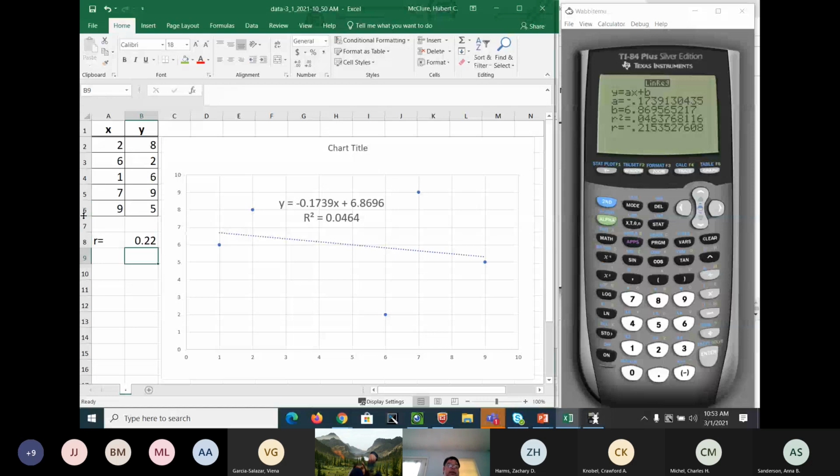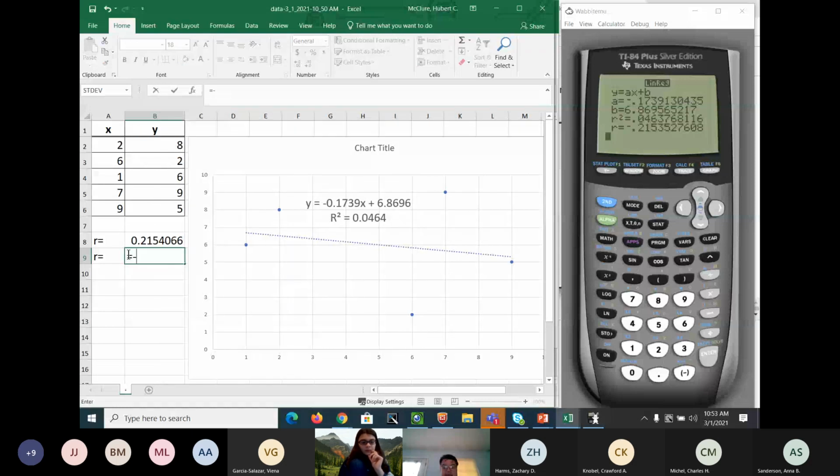And why am I going to put a negative on it? Because slope is negative. So I'm going to write down here, R is equal to negative, that number right there. And this is my R.